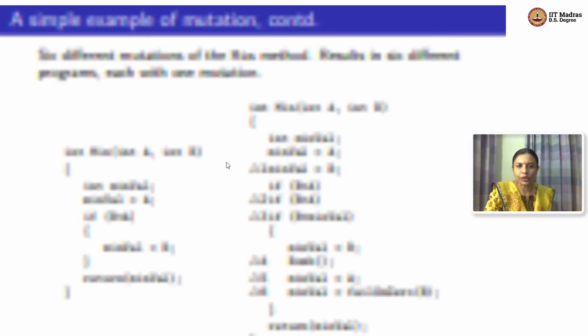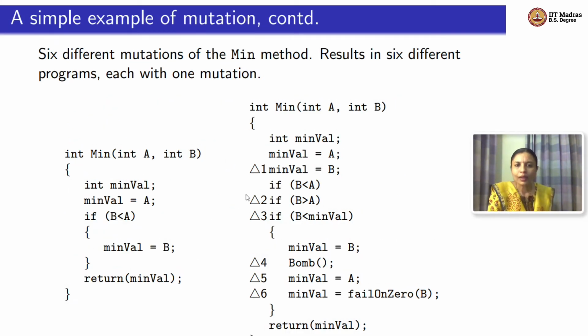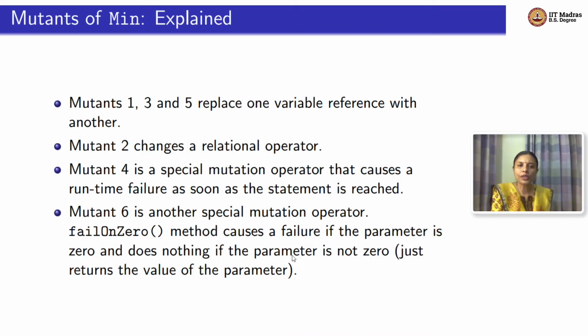We had 6 mutants, out of which mutant 1, 3 and 5, which is delta 1, delta 3 and delta 5, basically replace one variable with the other. Mutant 1 replaces A with B, mutant 3 replaces A with min-val in the decision statement, mutant 5 replaces min-val equal to B with min-val equal to A. So mutants 1, 3 and 5 replace one variable reference with the other.